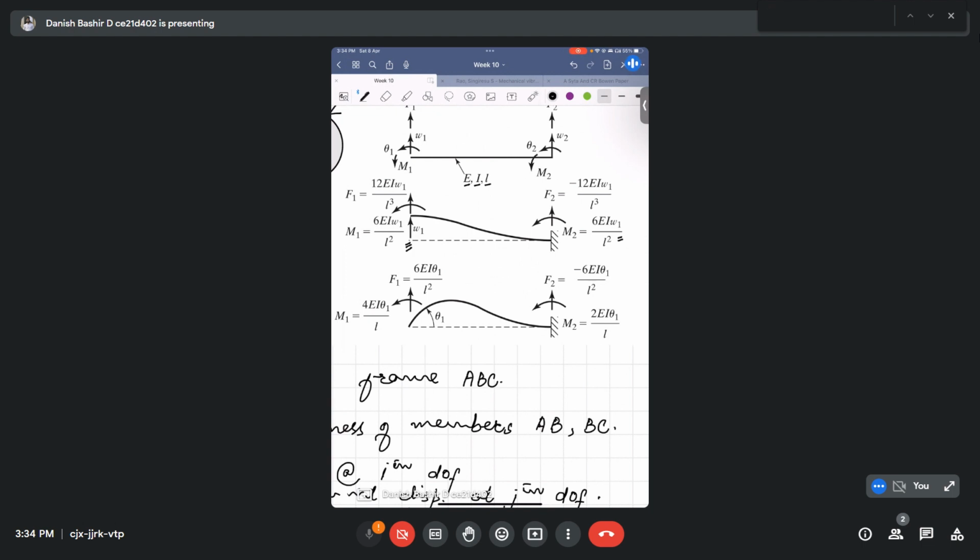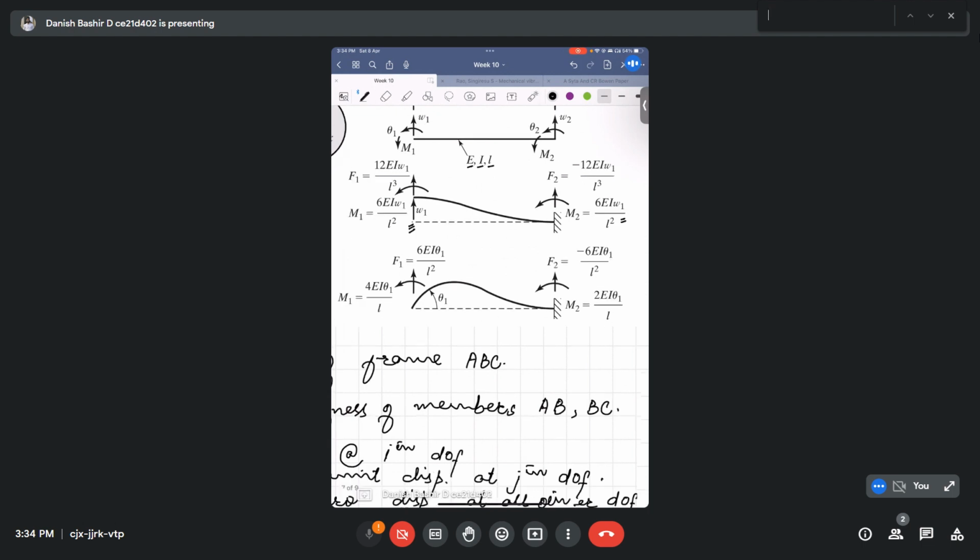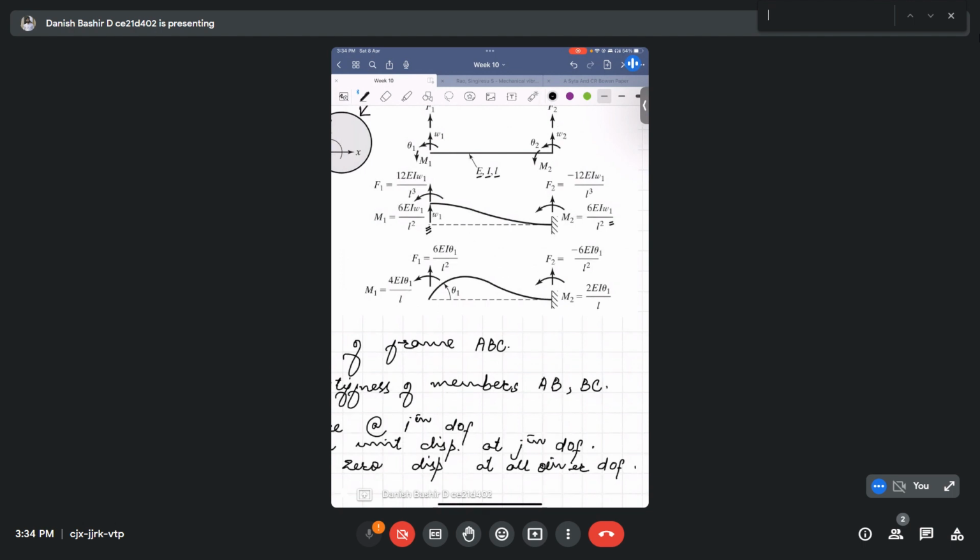It's just a simple thing. We can also derive it, but it's not required here because we are not dealing with the structural part of it. We only have to get the stiffness matrix of this system. This F1 and F2 have to be in opposite directions because they have to make a couple of 6EIW1 by L square.